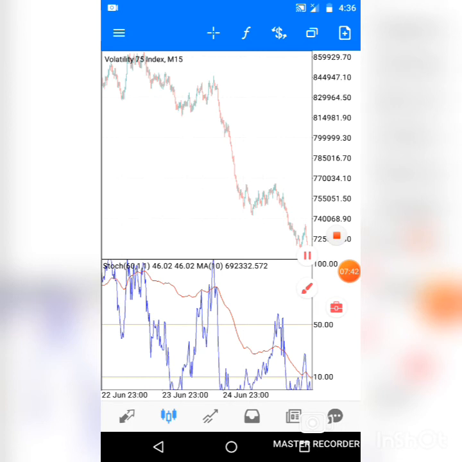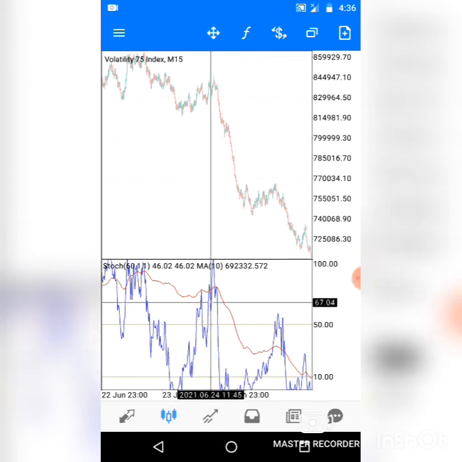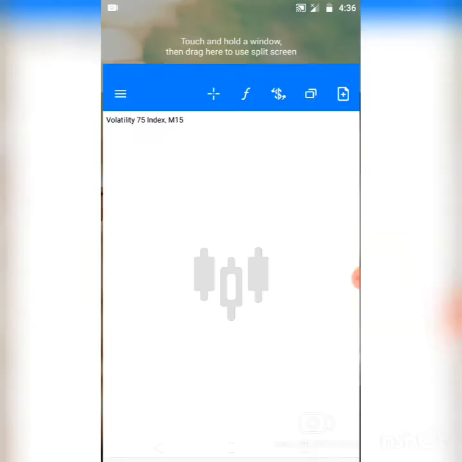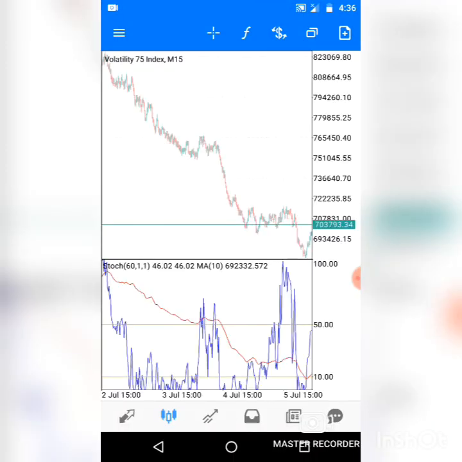Let me say it again: for those with less than $100 in your account, when you enter like this, at exactly 50, you are supposed to be out. For those with more than $100, you can continue in the market until it reaches 10.